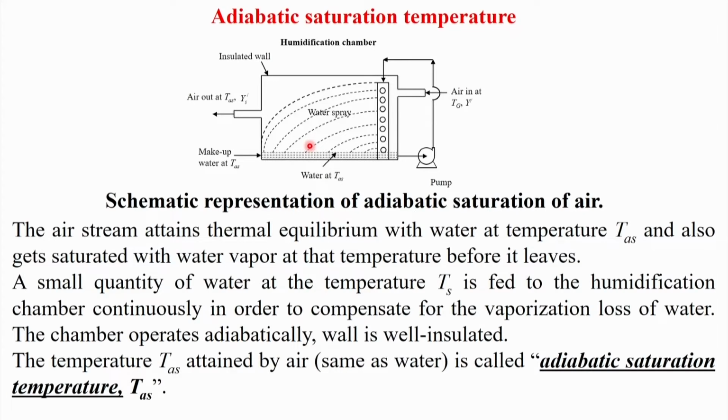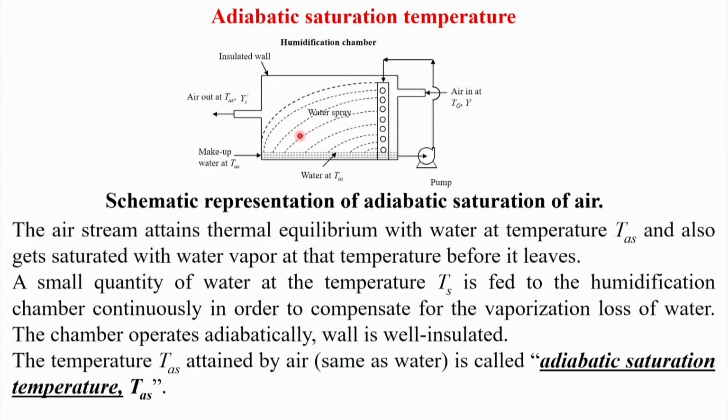The water is recirculated from the chamber back to the chamber, and some amount of air comes out at TAS, because our target is to maintain the entire chamber at the temperature TAS. At that time the humidity will increase from y prime to ys prime.